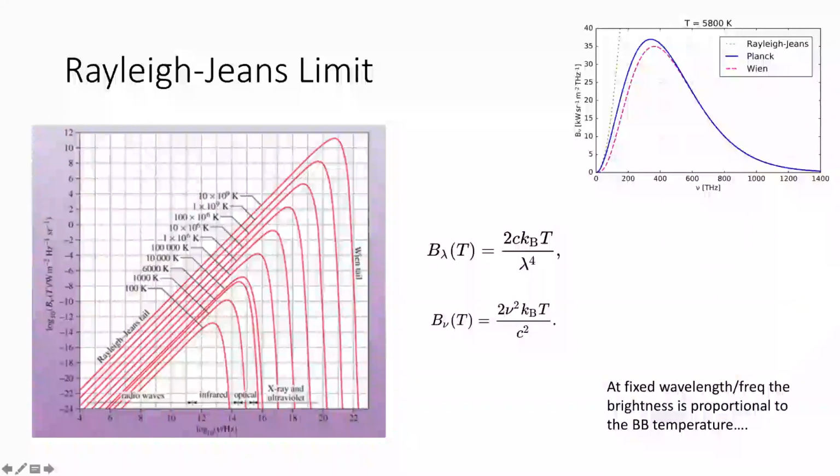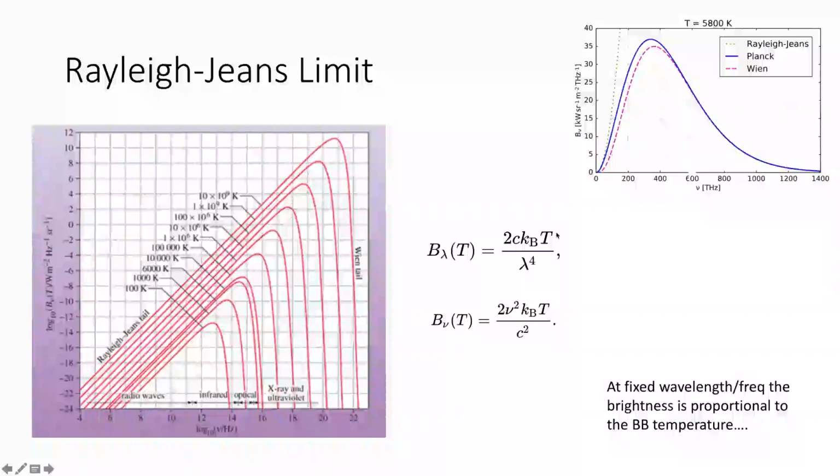The luminosity is 4 pi r squared sigma T to the 4th, the thing that I go on about a lot in ASTRH 204 and 205. And there are two regimes where there's an approximation for it. There's Wien's law, which is good at the high frequencies. And then there's the Rayleigh-Jeans relationship, which is the approximation where the brightness is just proportional to the temperature.